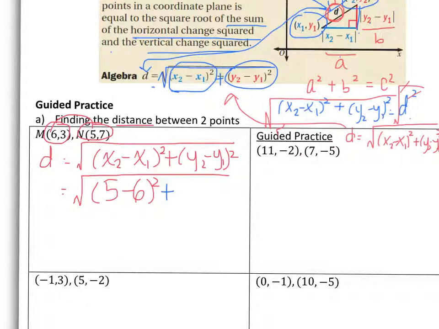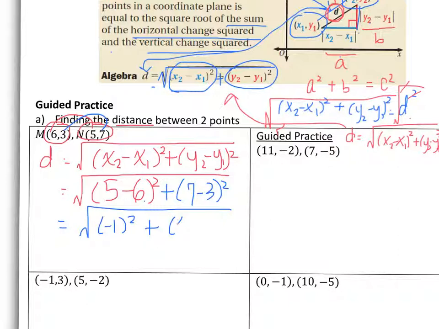Then we'll take the difference of the vertical change, 7 minus 3 squared. 5 minus 6 is negative 1 squared. 7 minus 3 is 4 squared. It will be 1 plus 16. So 17, square root of 17 will be the distance between these 2 points.